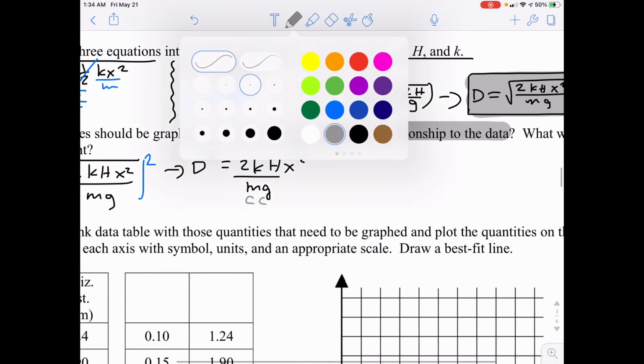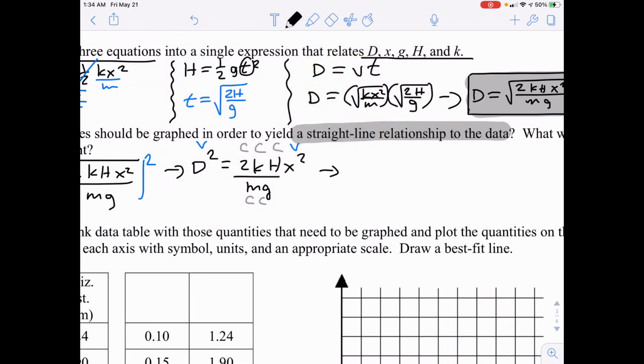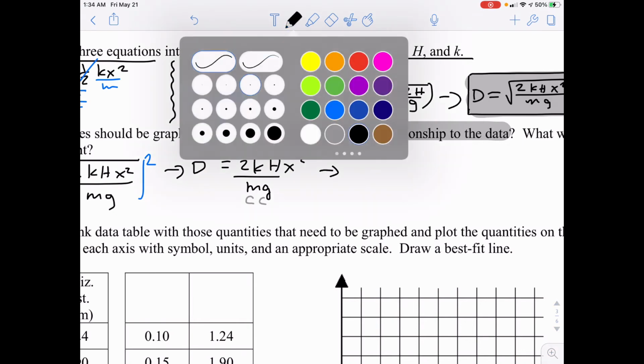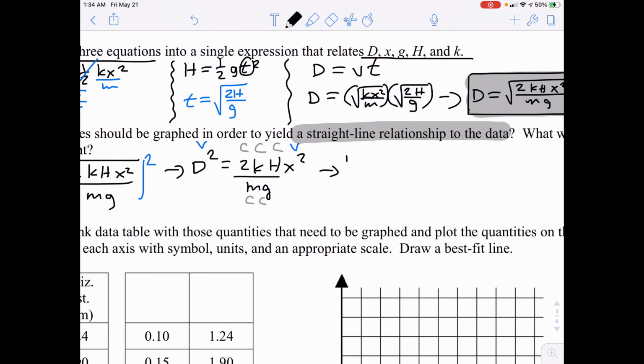And so if I essentially divide both sides by x squared, I get my relationship. I get rise over run, which is, of course, my slope. My rise would be d squared over x squared, right?